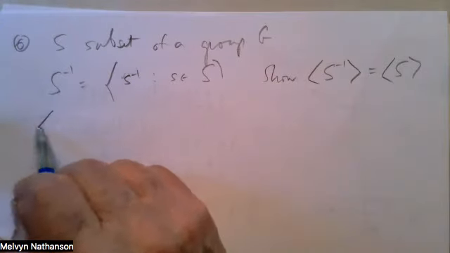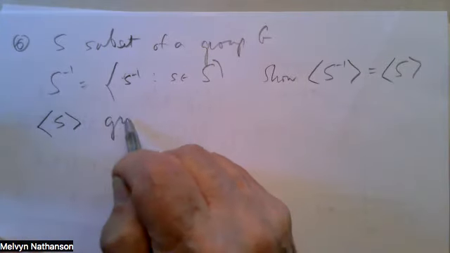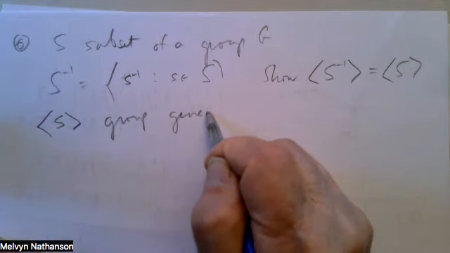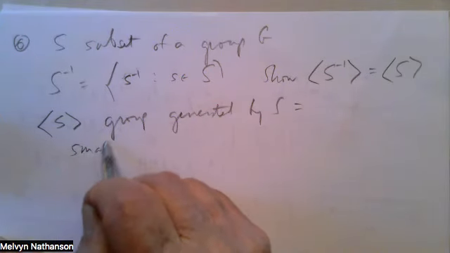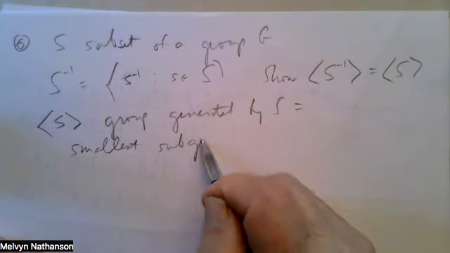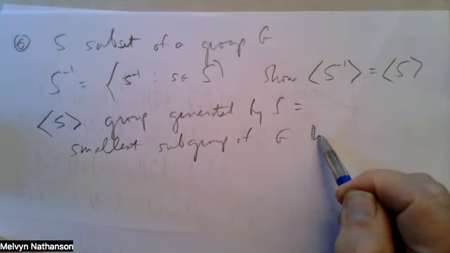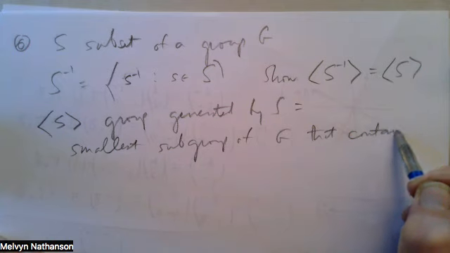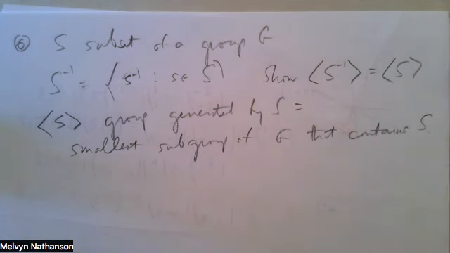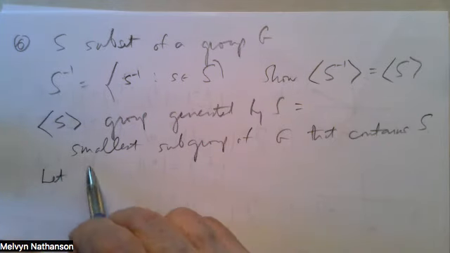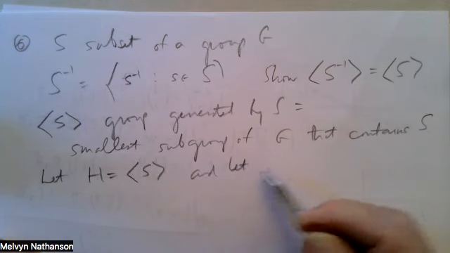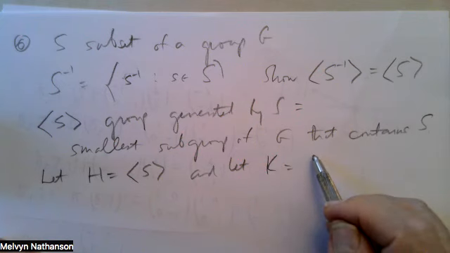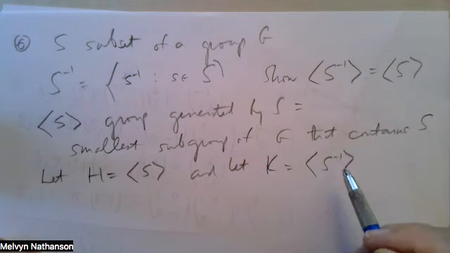So what does it mean? This is the group generated by S, which is the smallest subgroup of G that contains S. So suppose we let H be this subgroup, and we let, let's say, K be the subgroup generated by S inverse.